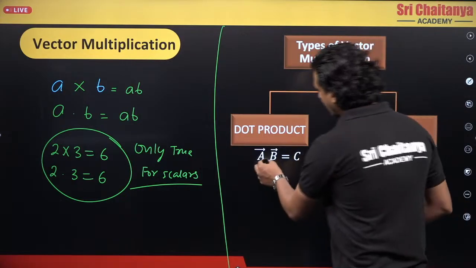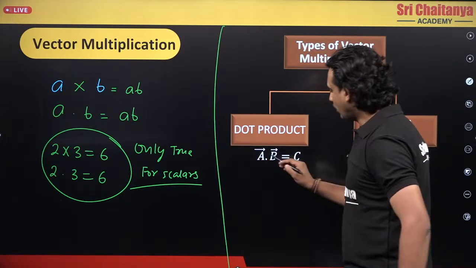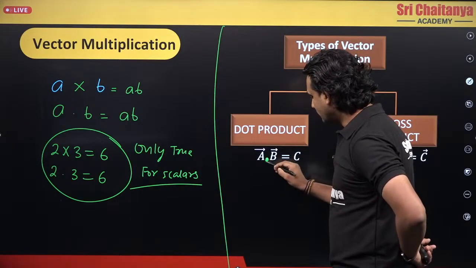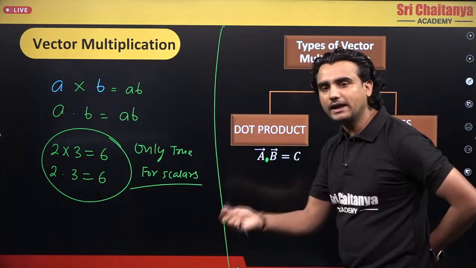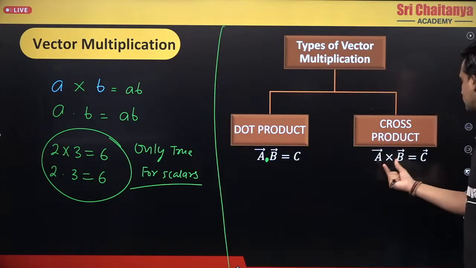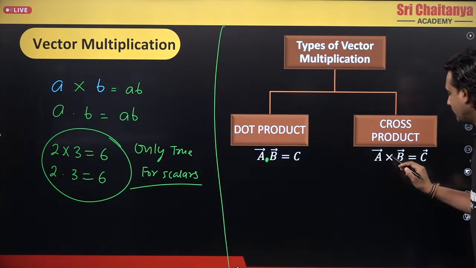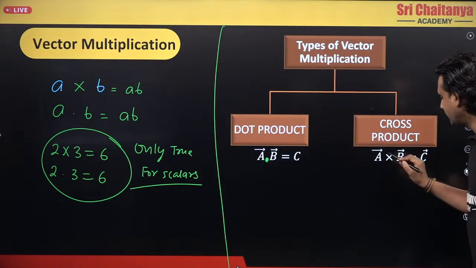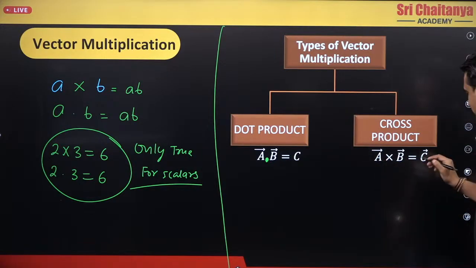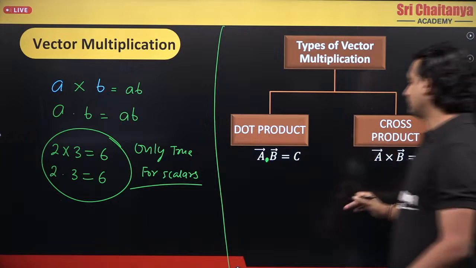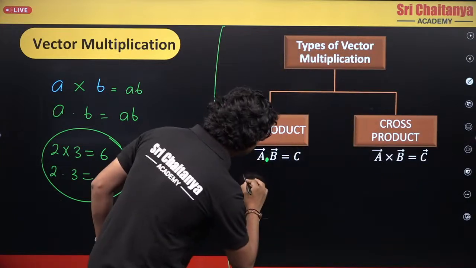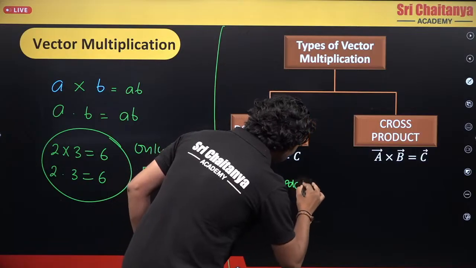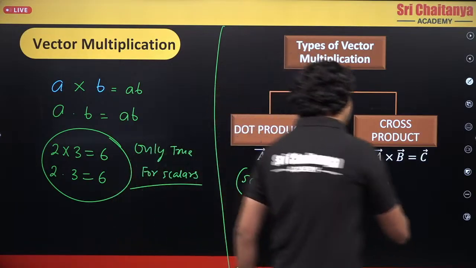If I have two vectors A and B, then the dot product is given by A dot B. And the cross product is A cross B, multiplied by a cross sign, equal to vector C. The dot product is also known as a scalar product, and the cross product is known as a vector product.